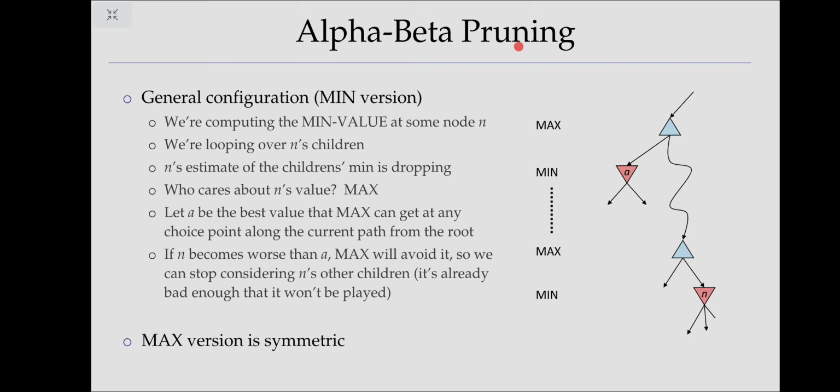Because the children of n are max, the max player checks their value with respect to alpha, and if the value, as the best value of the max player, is better than the corresponding alpha, we can prune the tree.